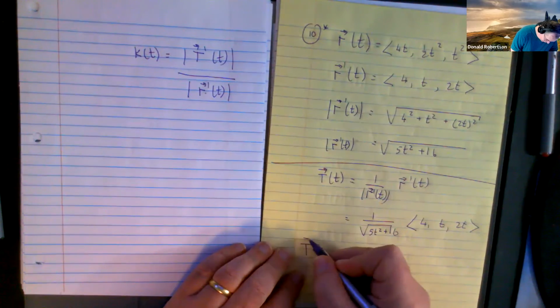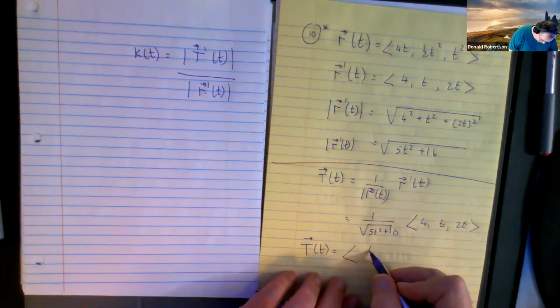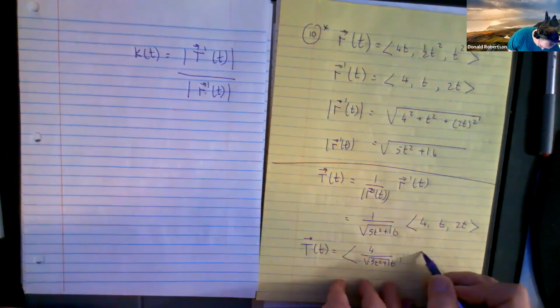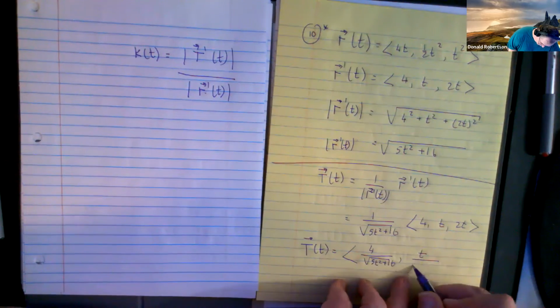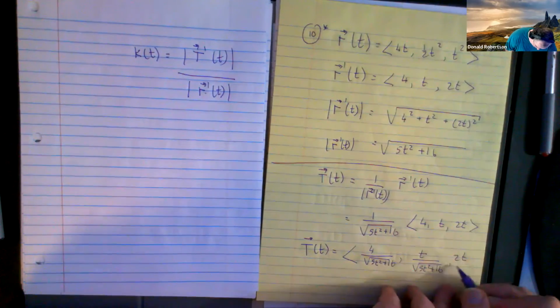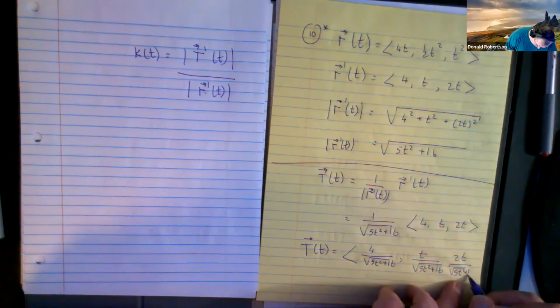Which means that we now have 4 over the square root of 5t squared plus 16, t over the square root of 5t squared plus 16, and 2t over the square root of 5t squared plus 16.